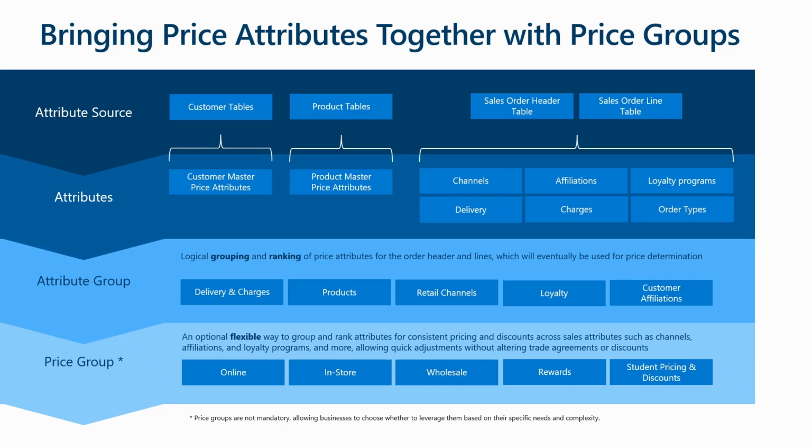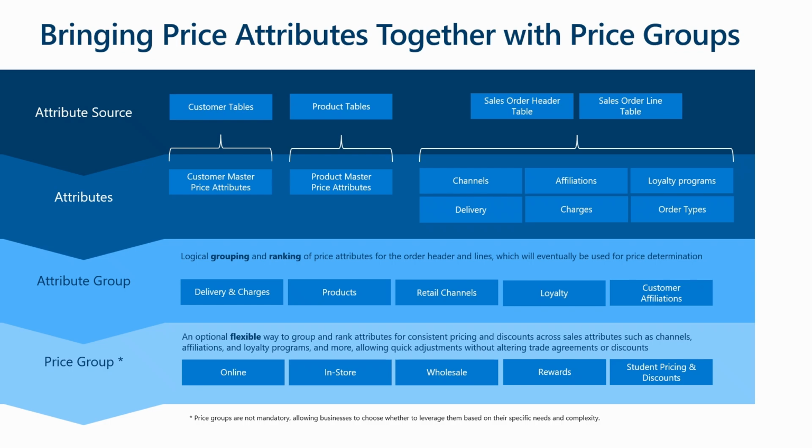If the list of channels changes, you can simply amend the list of values in the price group without having to modify individual trade agreements or discount setup. This is where price groups really shine. They give you the power to manage pricing across multiple scenarios like e-commerce, physical stores, or wholesale, without the need to touch the underlying pricing structure.